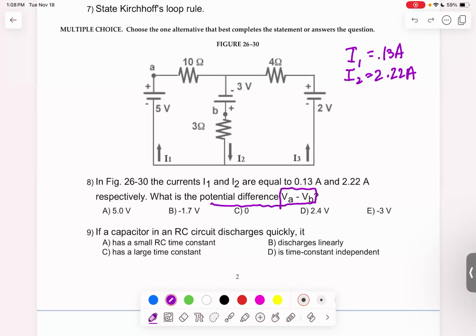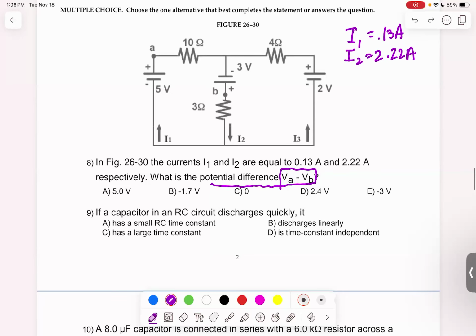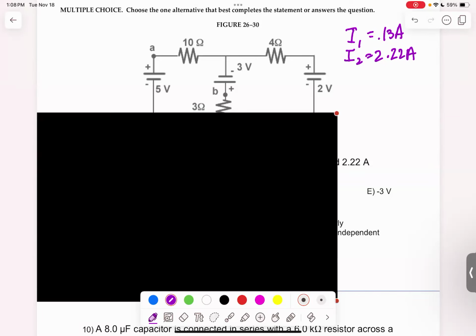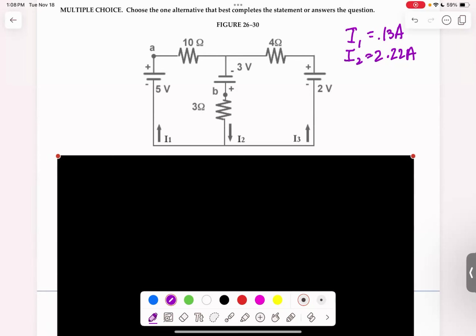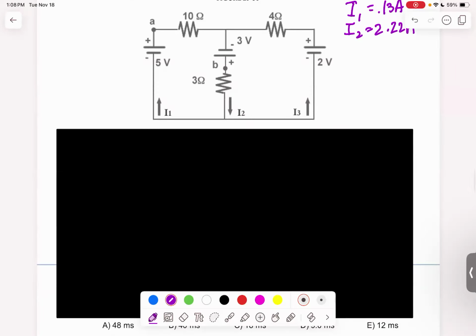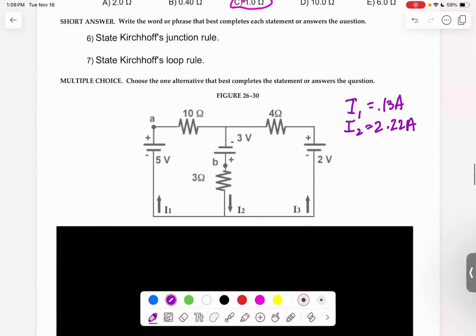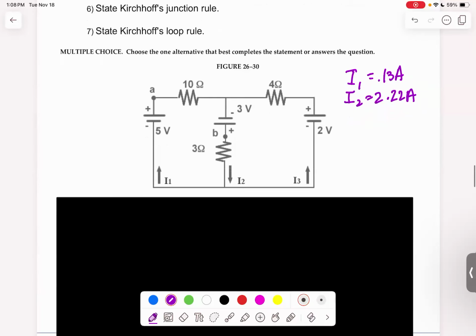All right. So in this case, Kirchhoff's law is going to come into effect. Let's set up a couple different pieces here. The first thing we're going to do is look at Kirchhoff's junction rule, or current rule.